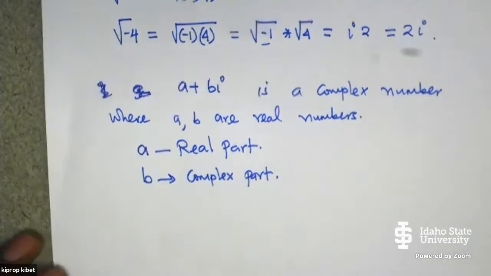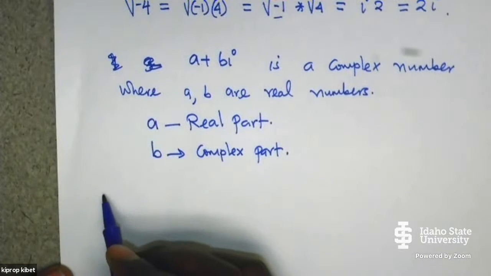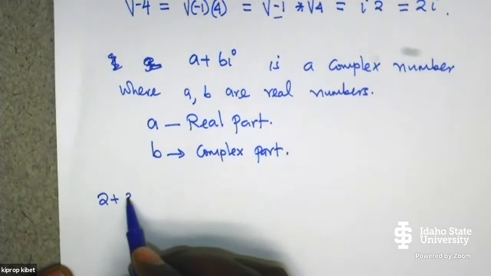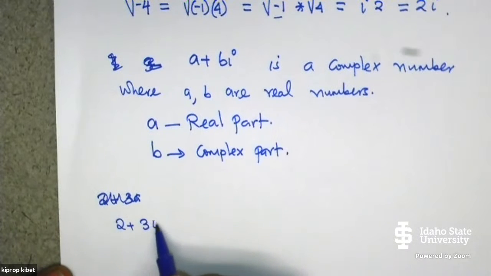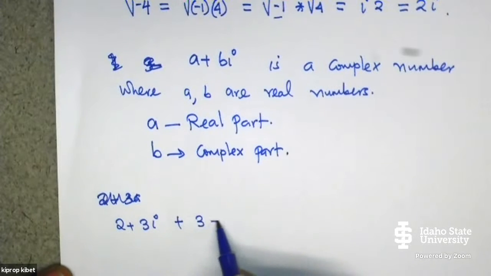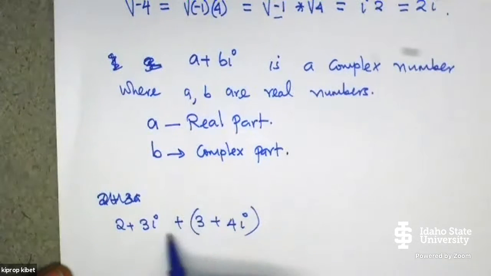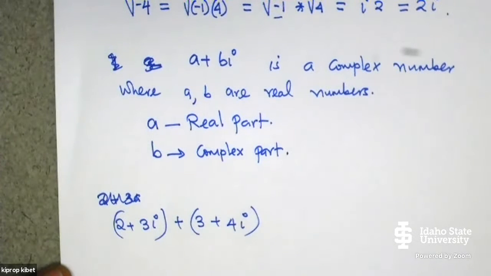Now, 2 plus 3i plus 3 plus 4i. To solve this one, what you do is you add the complex and the real parts.